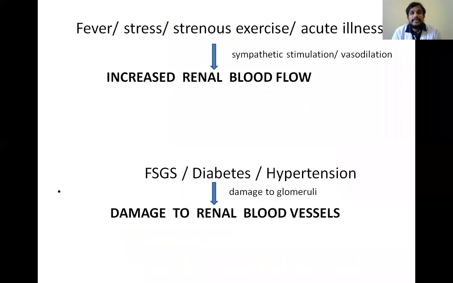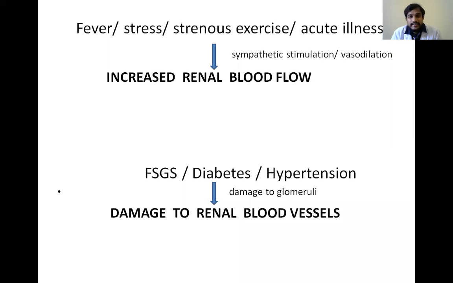So here you can see in some conditions like fever, stress, strenuous exercise, acute illness, there will be increased blood flow in the kidneys, that is increased renal blood flow. This is due to sympathetic stimulation and vasodilatation of the renal blood vessels. So this also leads to excretion of proteins, proteinuria.